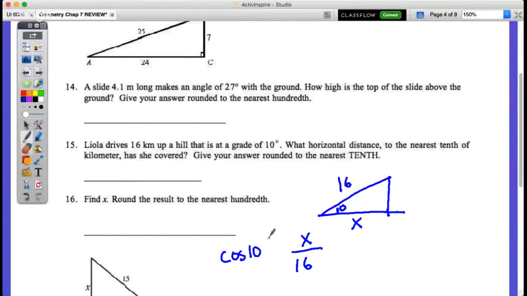So the cosine of a 10-degree angle times 16 is what? 10.04. Is that what you guys got? No. 15.7. Or 15.8. Okay, 15.8.